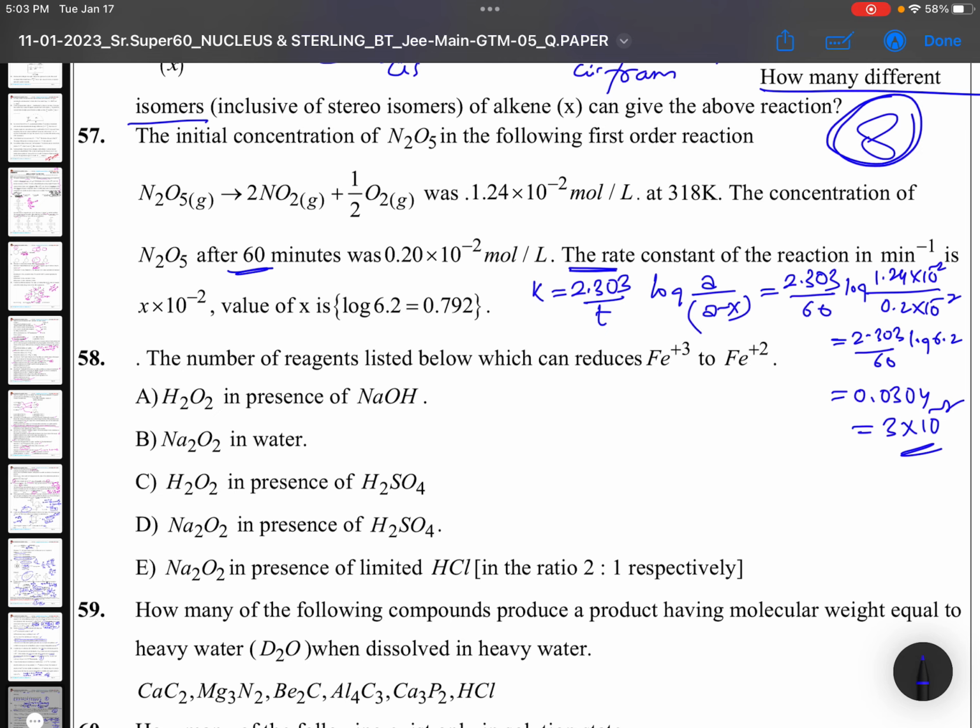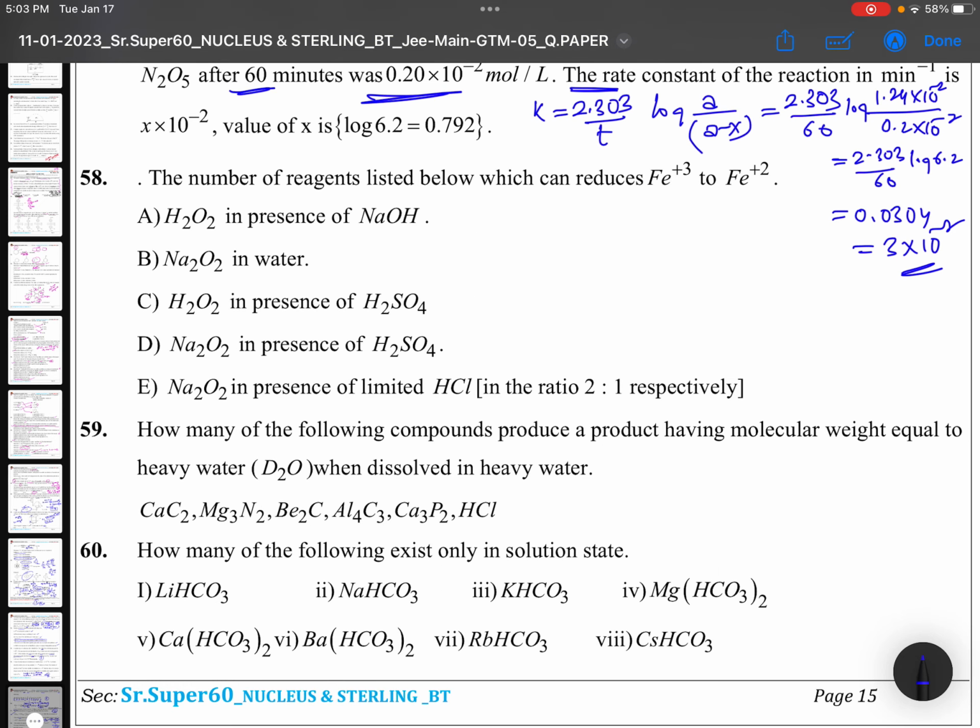Okay, lengthy again. The number of reagents listed below which can reduce Fe plus 3 to Fe plus 2. H2O2 in basic medium reduces Fe plus 3 to Fe plus 2, in basic medium. Okay, now this is fine.